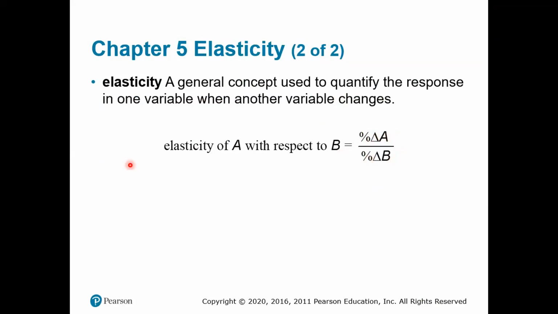However, it's generally known that, generally speaking, B causes A. So there's kind of hidden in elasticity an inference that B is causing A. Doesn't always have to be the case, but usually that's what it is.